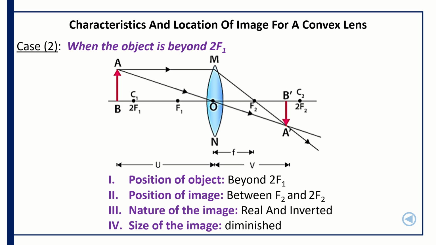What is the size of the image? In the previous case, we got a highly diminished, point-sized image. In this case, we are getting a diminished image. That means it is smaller than the size of the object, right? So the formed image is smaller in size than the object.